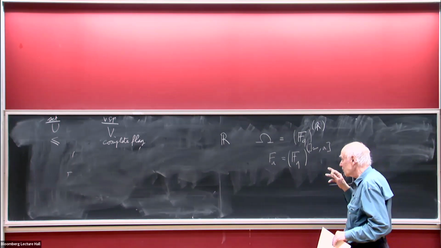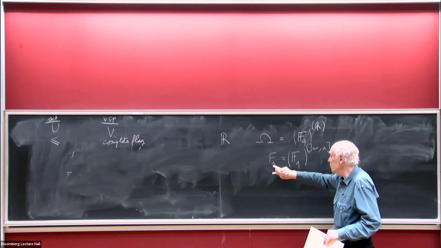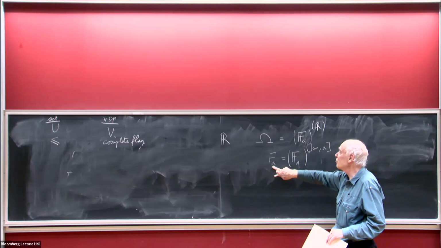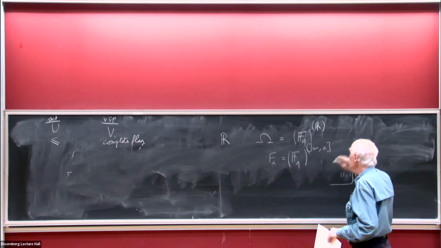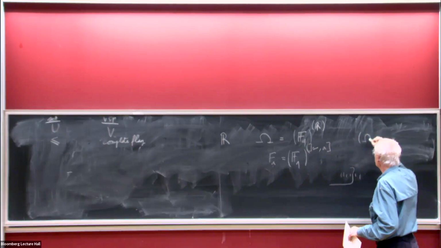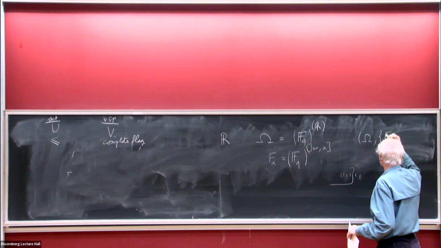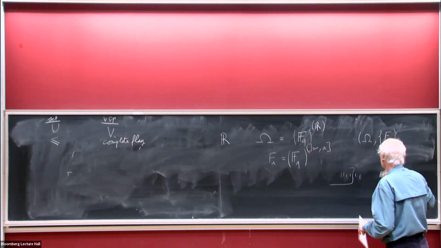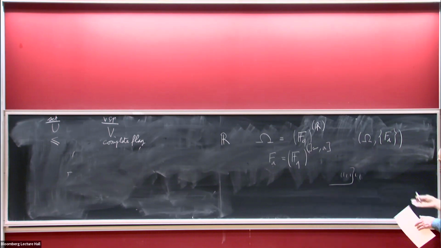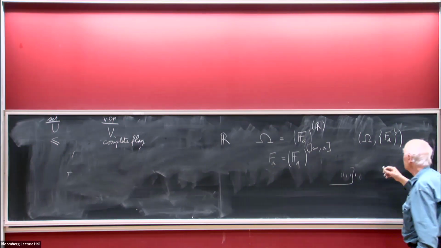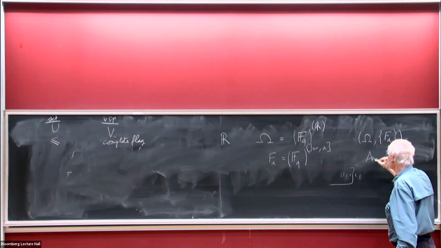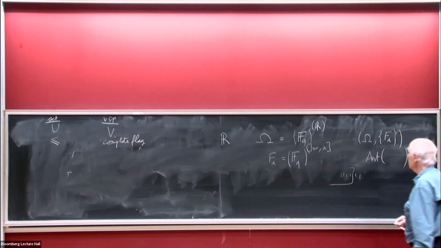Now, here I have indexed this by R, but I will forget this indexing. So now I consider omega, the set of all those F_A, the indexed complete flag. And then my group will be the automorphisms of this object.